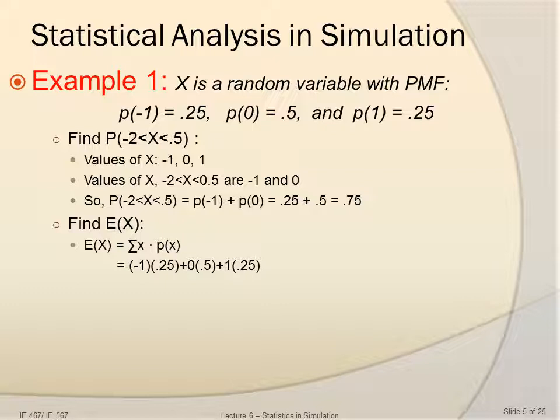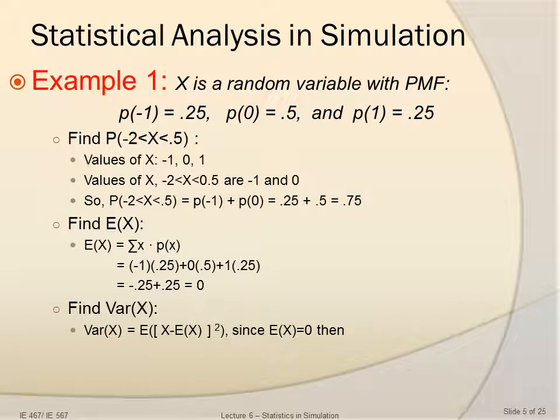These are the only values that x takes. So we sum these products up, and we get -0.25 for the first product, 0 for the second product, and for the third product we get 0.25. When we add 0.25 to -0.25, we get 0, so the expectation of x is 0.